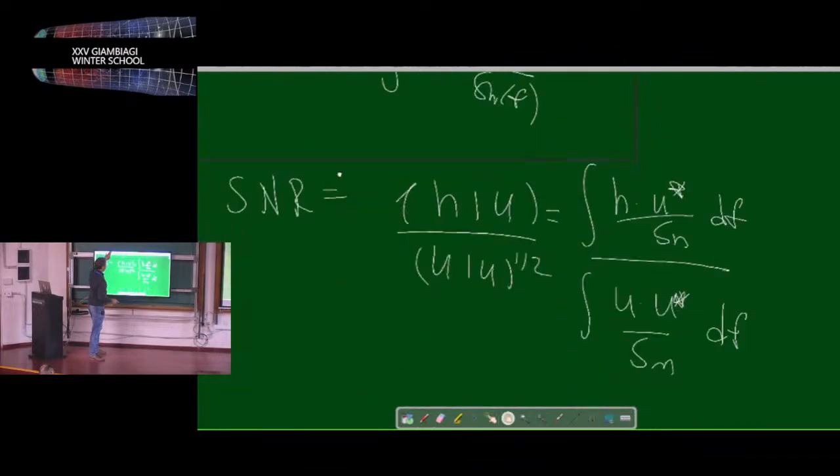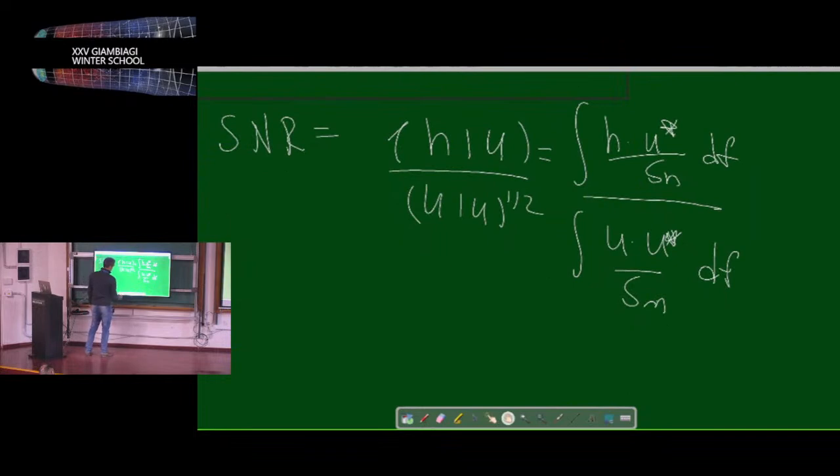So the solution to this maximization, once I recast the problem in this mathematical language as a scalar product, is trivial. I just need to write u to be k times S_n. Or if you like, k is equal to, I put it on the other side.